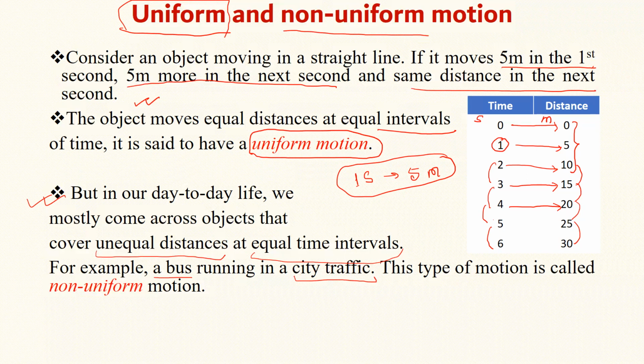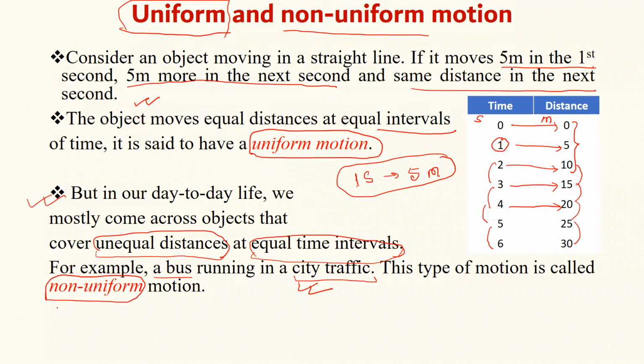The answer is no, because the roads are very crowded in traffic, so the bus will sometimes move at a higher speed and sometimes at a lower speed. So there will not be uniformity in its motion. It will cover unequal distances at equal intervals of time. In such a case, the motion of the bus is said to be non-uniform motion.